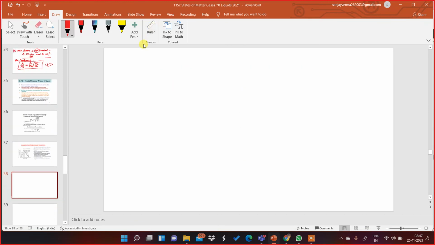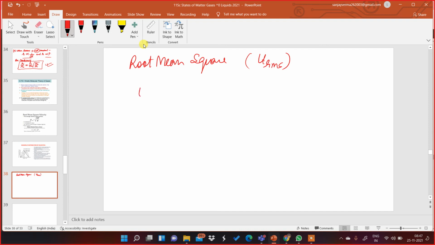Now this root mean square, we write it as U RMS. It means the square root of the mean of the squares of the speeds of different gas molecules at a given temperature.